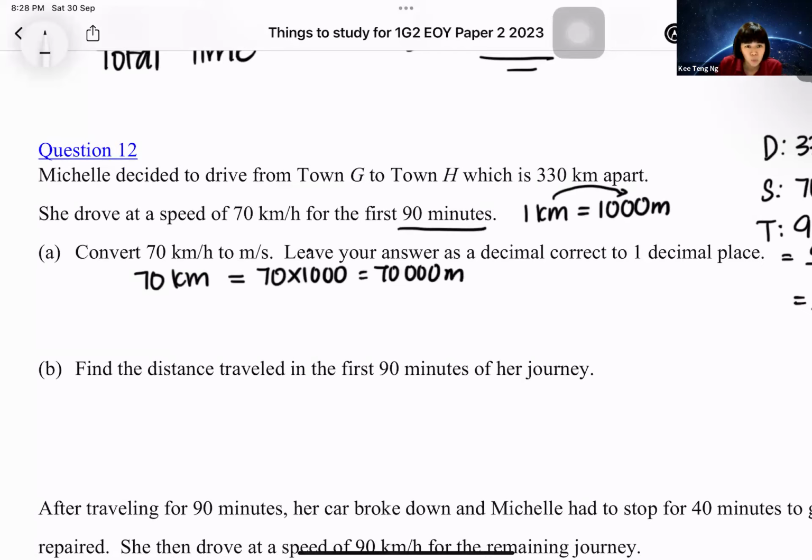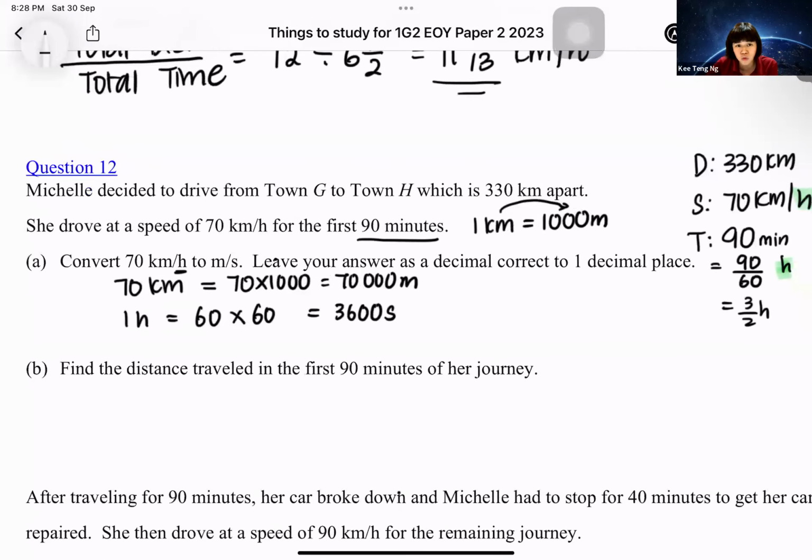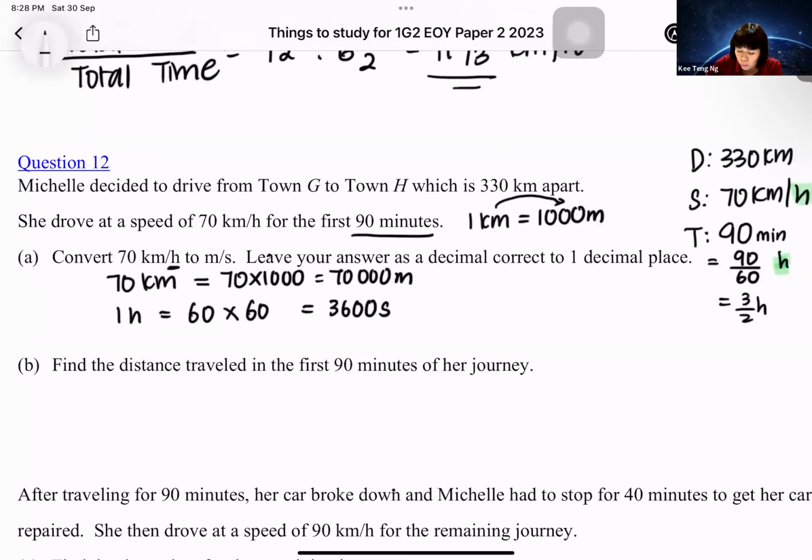Next one, per hour. 1 hour is how many seconds? 1 hour has 60 minutes. 1 minute has 60 seconds. So 60 times 60 gives me 3,600 seconds. Now I want to change this whole thing to meters per second. So my speed is now 70,000 over 3,600.